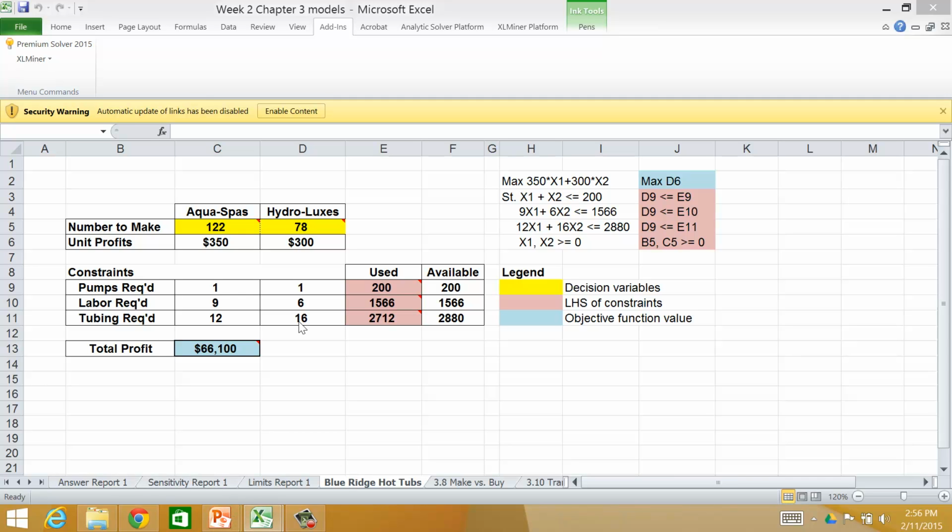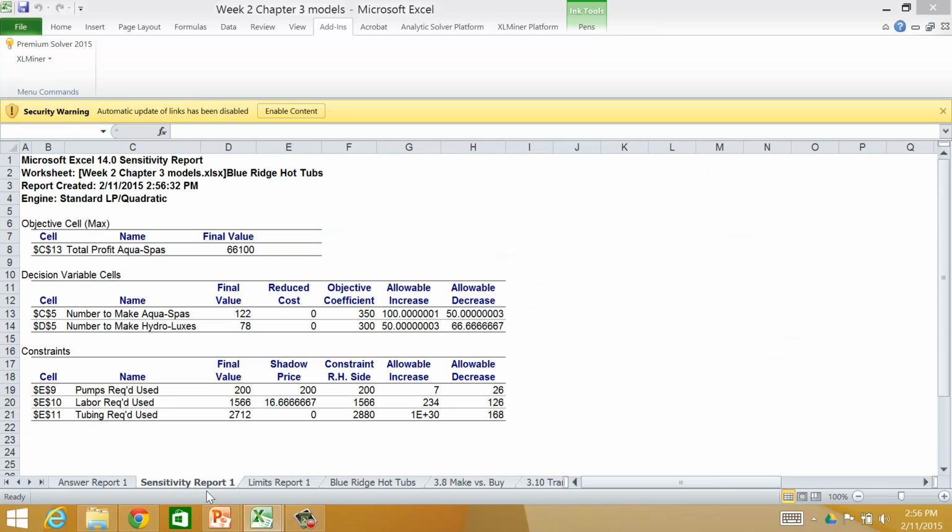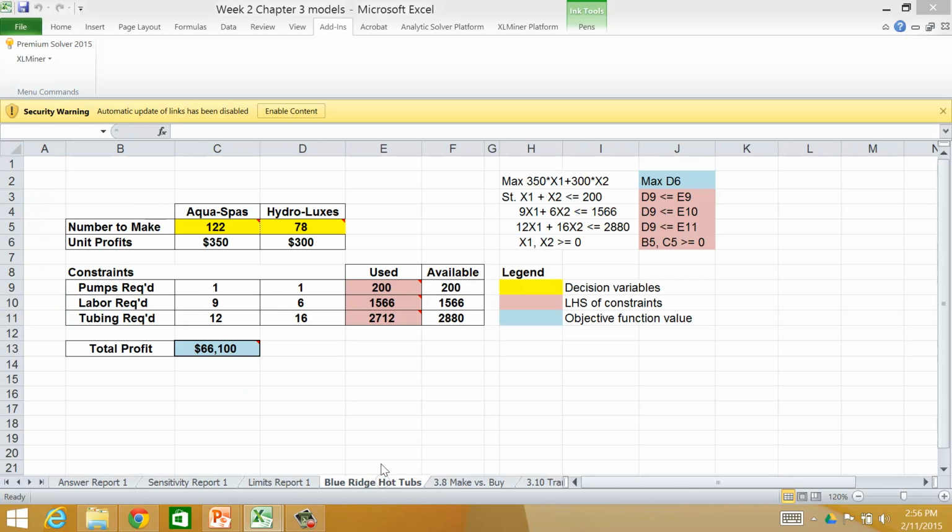And one thing I want to notice, let's click on one of them. You see that in this sensitivity report, the name of the cell, for example, C13. Just this one. That's our objective function. Remember that?